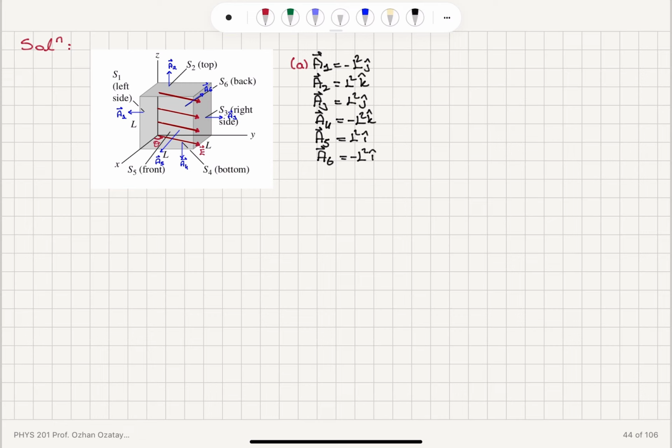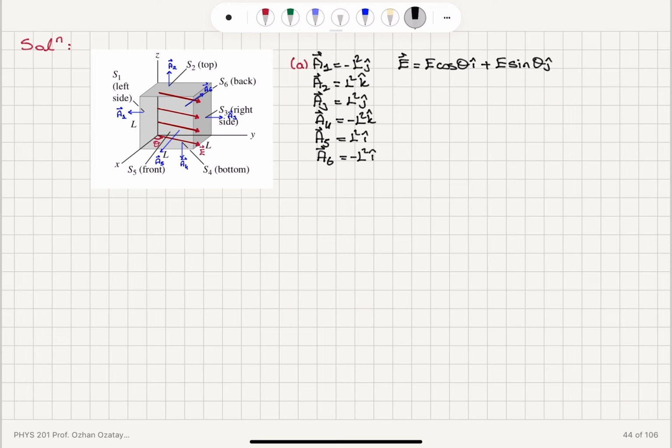Okay, so it is minus L squared j hat, L squared k hat, L squared j hat, minus L squared k hat, L squared i hat, and minus L squared i hat. On the other hand, the electric field has an x component, E cosine theta, in the i hat direction, and it has a y component, E sine theta, in the j hat direction.